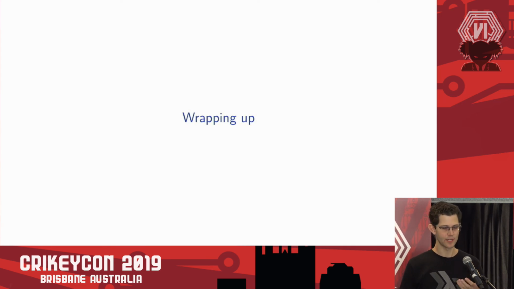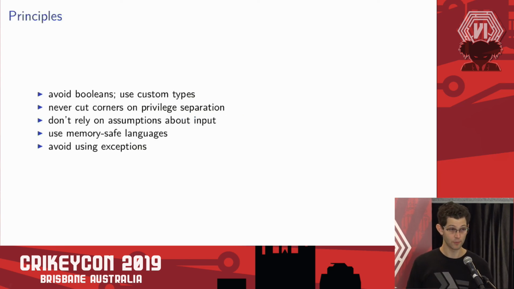And when I say doctrine, it has to be informed by evidence, and you have to be open to changing it as well in the face of new evidence or when learning about other people's results. Right? We want doctrine, not dogma, in security. So the principles that I expounded were to avoid booleans and use custom types, and therefore tools that let you do that.